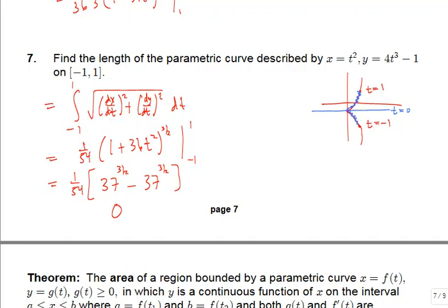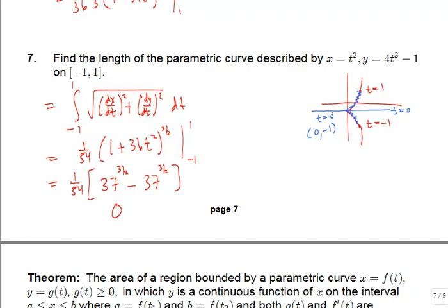So this point right here is t equals 0, and that's (0, -1). So let's use our symmetry and take the arc length from, say, 0 to 1 and double that, and that will also give us this arc length going down here as well.